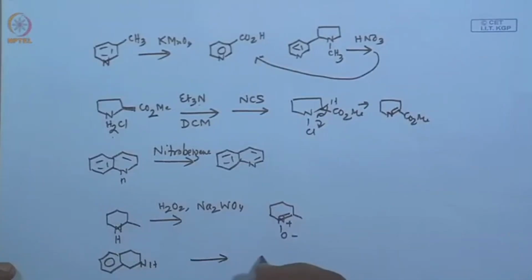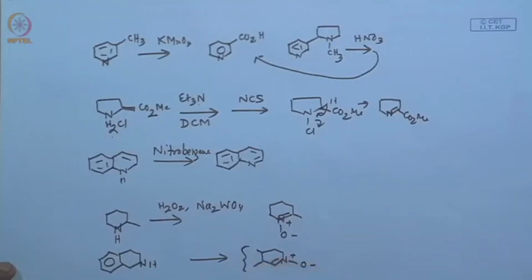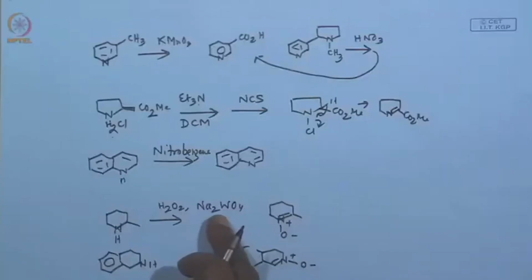It goes to the corresponding nitrone. So, hydrogen peroxide and secondary amine is a nice combination, and sodium tungstate is basically the catalyst. Your stoichiometric oxidizing agent is hydrogen peroxide, and it straight away gives the nitrone. It is a nice preparation of the nitrone.